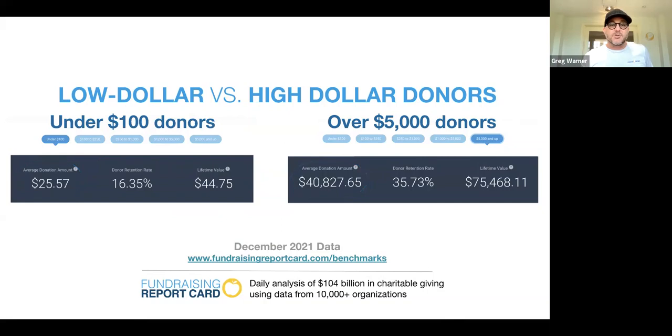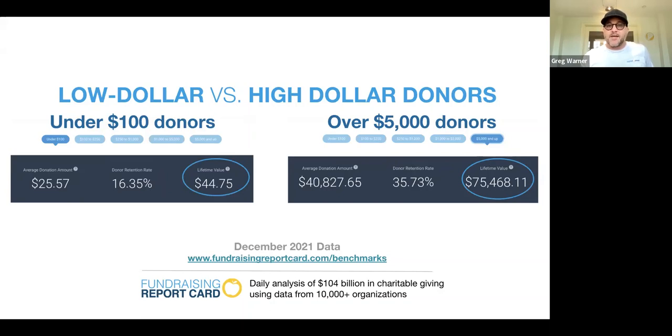Now, here's where it gets super interesting: the retention rate of high dollar donors is more than double the retention rate of the low dollar donors. And the lifetime value is absolutely exponential. And this doesn't even include legacy gift revenue, which surely from wealthier people is going to be larger, right?